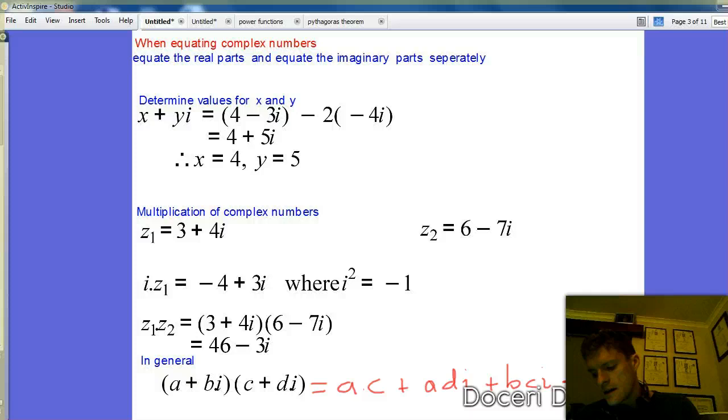So that last term is in fact real. So we're going to write it up top. So we have ac minus bd as a real number, and then the imaginary part, ad plus bc.